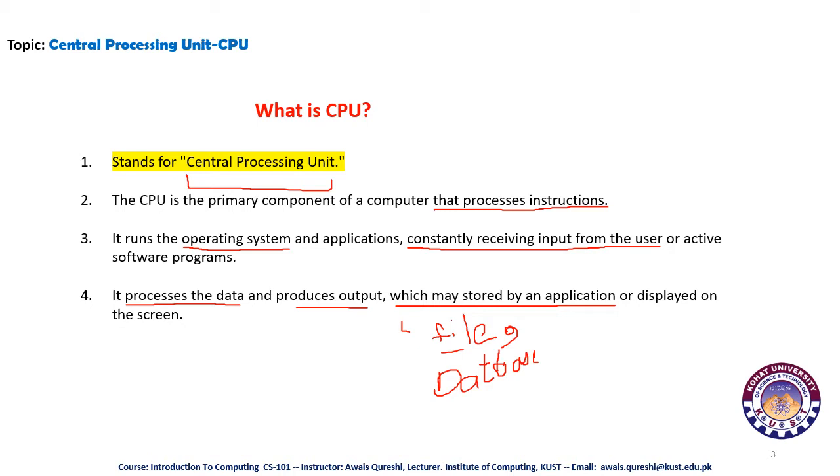So the primary job of the CPU is to process different instructions, and those instructions are given by the user in the form of an input, and those instructions can also be from an operating system or any application program that is installed. So this is the job of the CPU, to execute different instructions and to keep the systems running all the time.